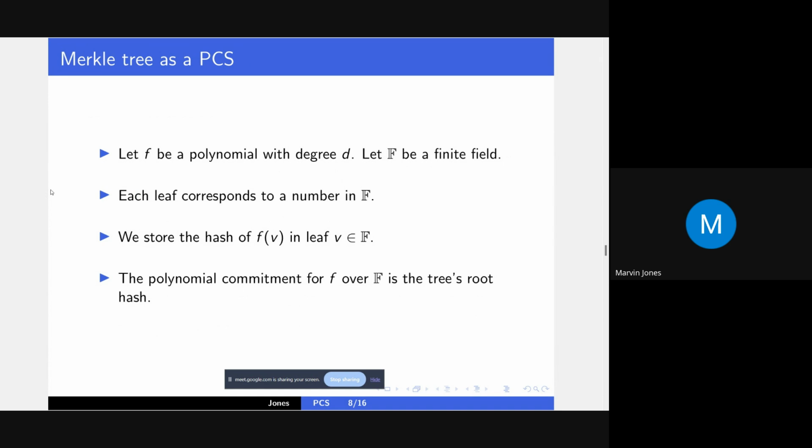I identify each leaf with a particular number in my field, and what I store in that leaf is the hash of the evaluation that corresponds to that leaf. Then we construct that Merkle tree by taking all the hashes, and we get the root hash. That root hash is my polynomial commitment.